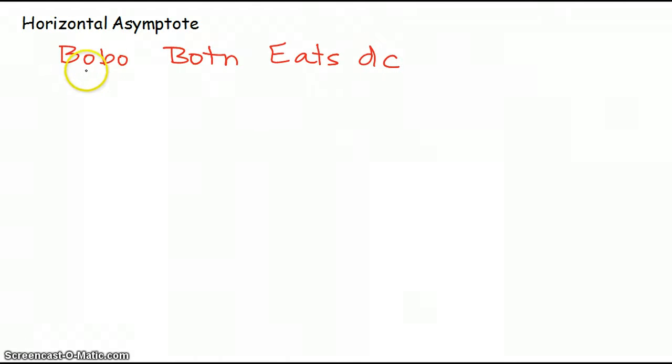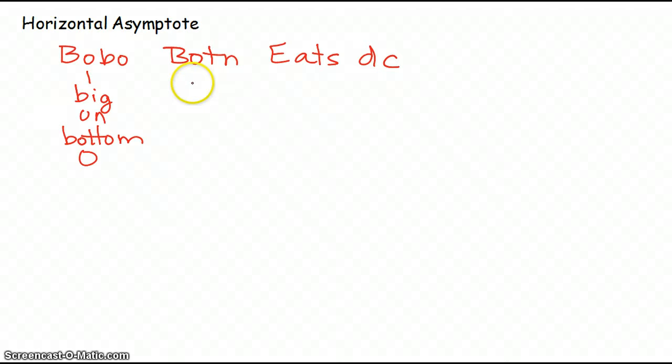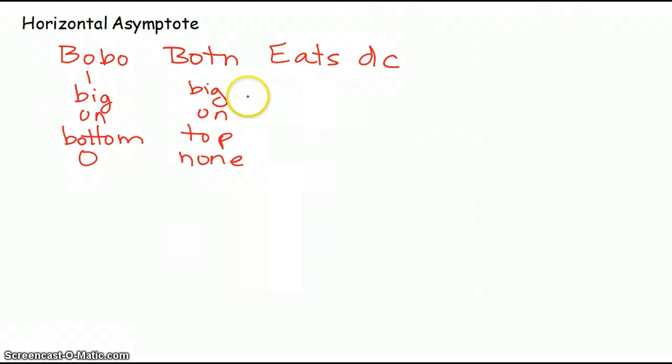So BOBO means big on bottom, 0. And BOTN means big on top, none. And EATS DC means the exponents are the same, so you divide the coefficients.